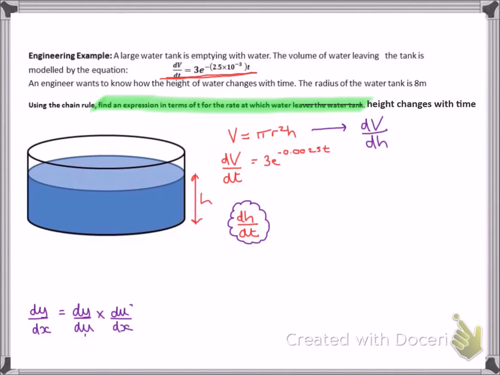So find a chain rule for v's, h's and t's. Well, first of all, let's find dv by dh. We said v was equal to pi r squared h.